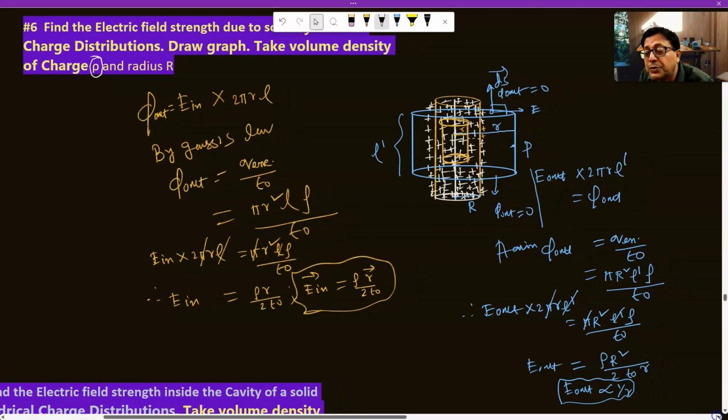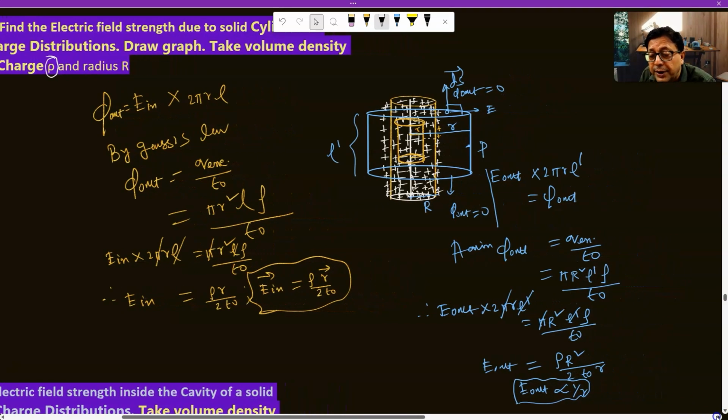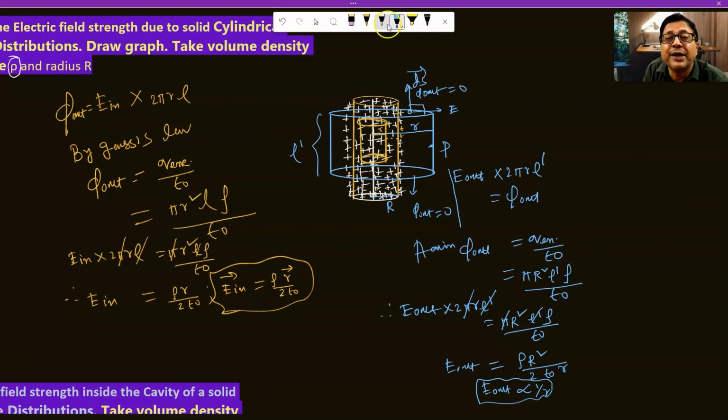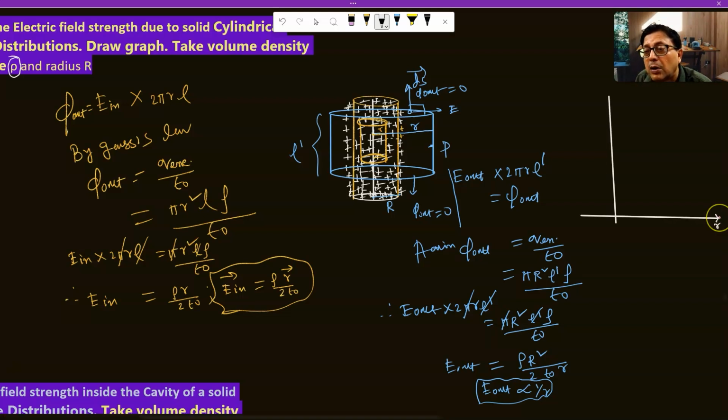Now our problem is to draw the graph of electric field due to this charge distribution. Let me do it here. One very interesting thing is that if we use this expression on the surface, E surface, you just replace r by R: rho R by 2 E0.